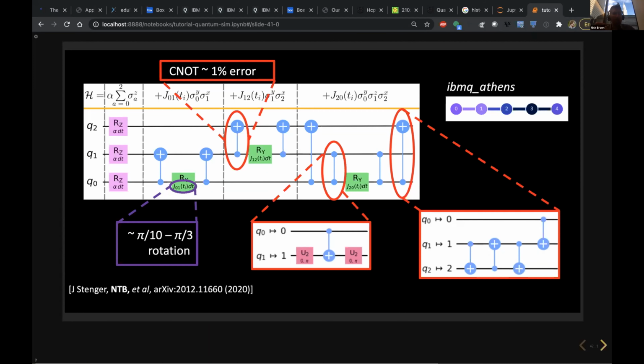Basically, what I wanted to get back to was that we were going to do these YX interactions. These YX rotations are going to be done at an angle of about pi over 10 to pi over 3. We ended up choosing 4 trotter steps per braiding step in the actual simulation.